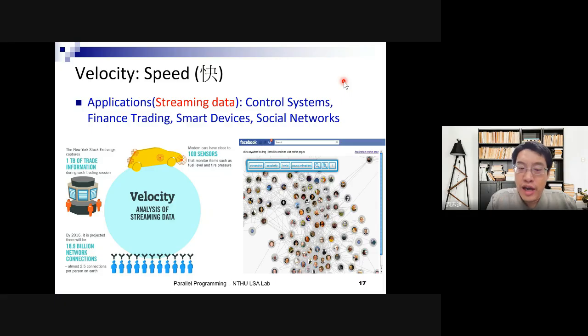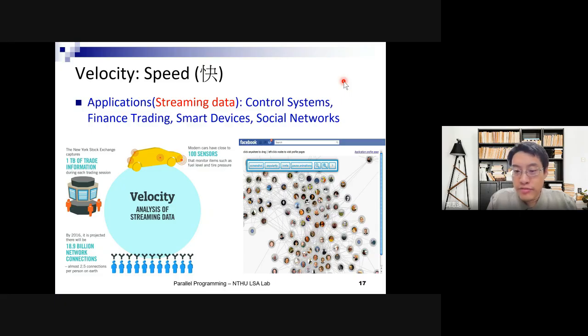So you not only need to process a huge amount of data, but also within a time constraint. That's an even harder problem to solve. As a matter of fact, velocity is usually the biggest challenge now.